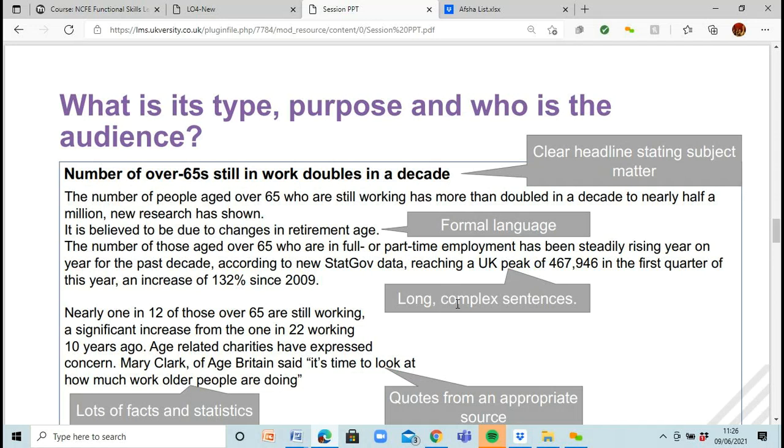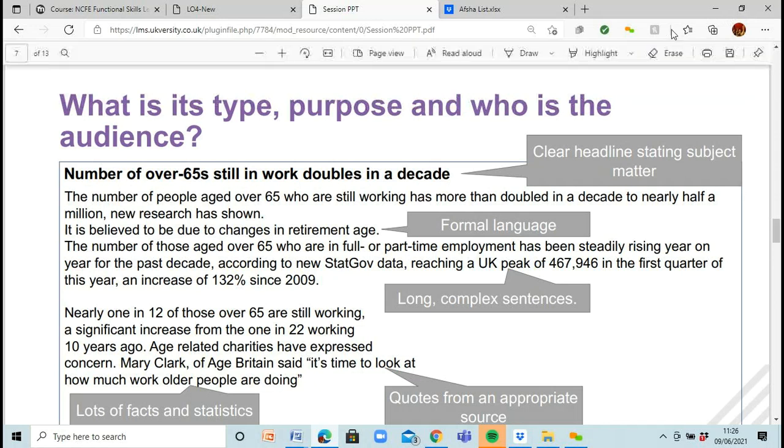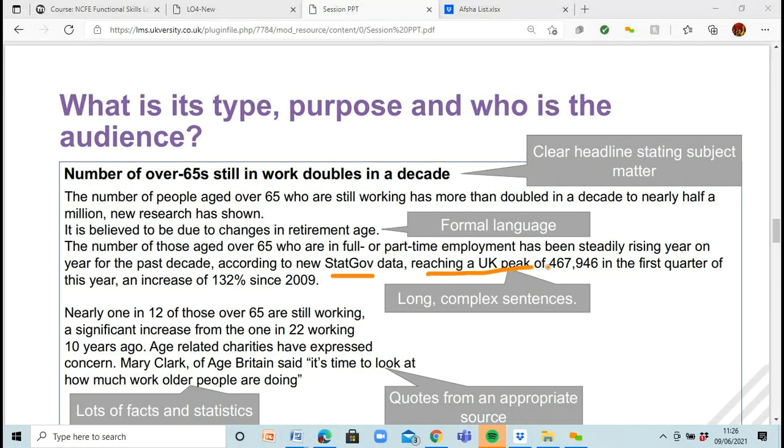Now, this is a long, complex sentence because it gives you statistics. It's talking about the terminology, where they say stat.gov data. They're using "reaching a peak of," and it gives you a number, first quarter, and then some statistics. This is a complex sentence.